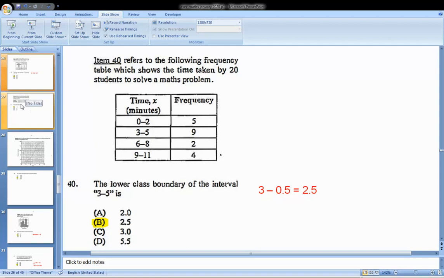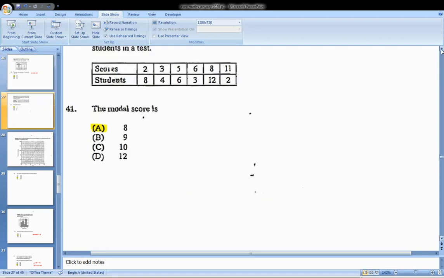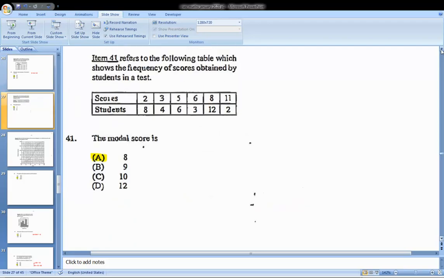Let's go on to number 41. So here we go. Item 41 refers to the following table, which shows the frequency of scores obtained by students in a test. So we have our scores and our students on the screen, as you can see.